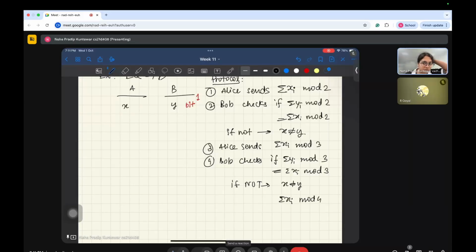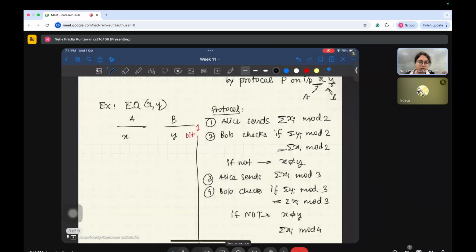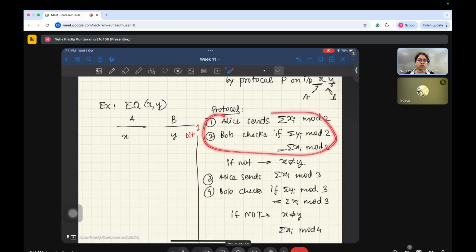This is just one possible protocol. We're not saying anything about how efficient it is, but this is one possible way which is natural to think of, because if the strings x and y actually have different parity, then in one bit itself you know the answer.